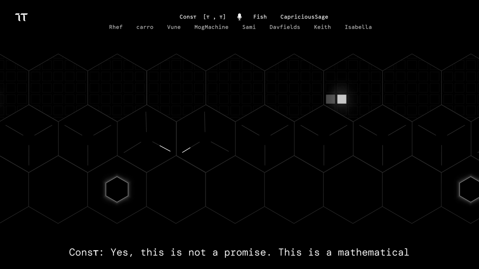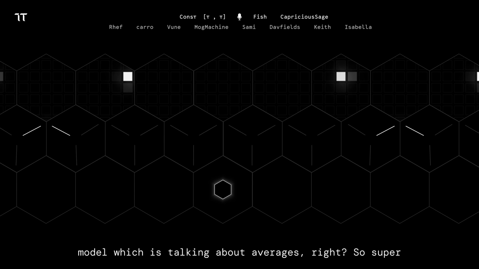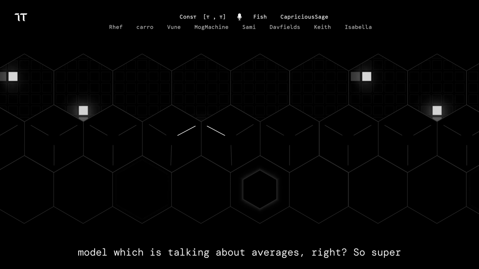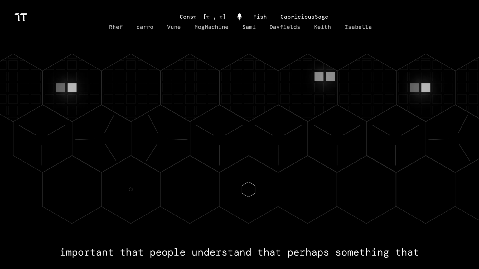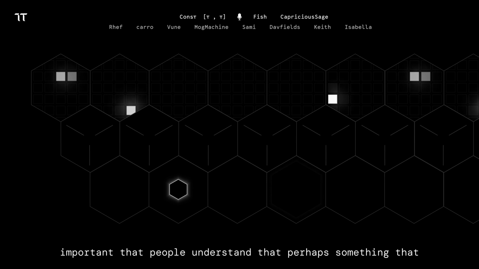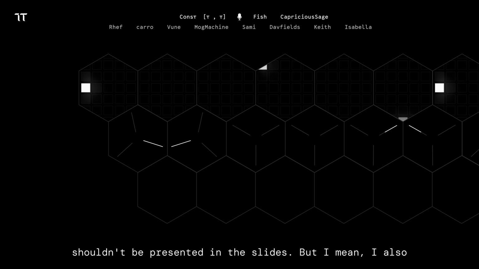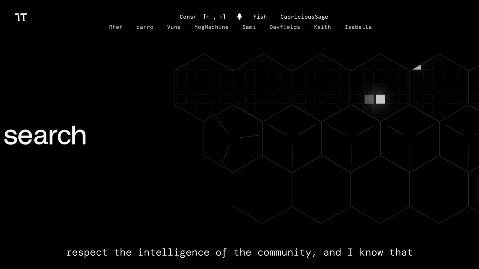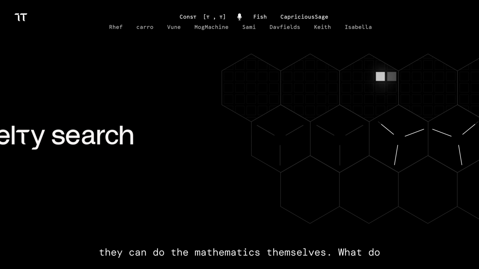Yes, this is not a promise. This is a mathematical model which is talking about averages, right? So super important that people understand that. Perhaps something that shouldn't be presented in the slides, but I also respect the intelligence of the community, and I know that they can do the mathematics themselves.